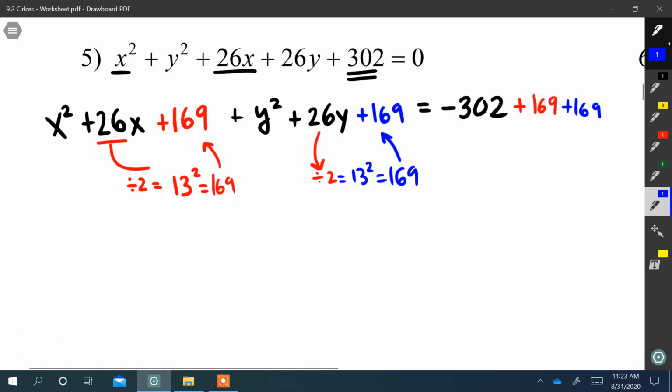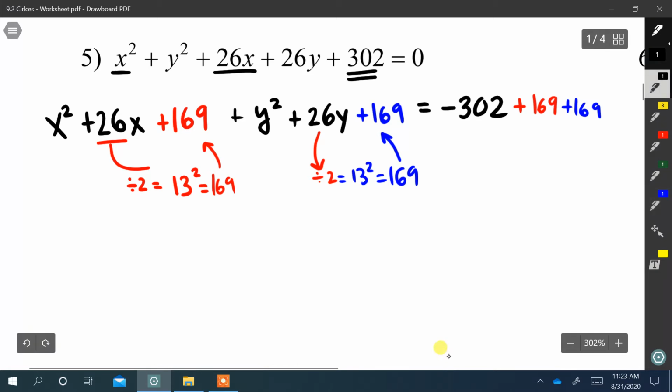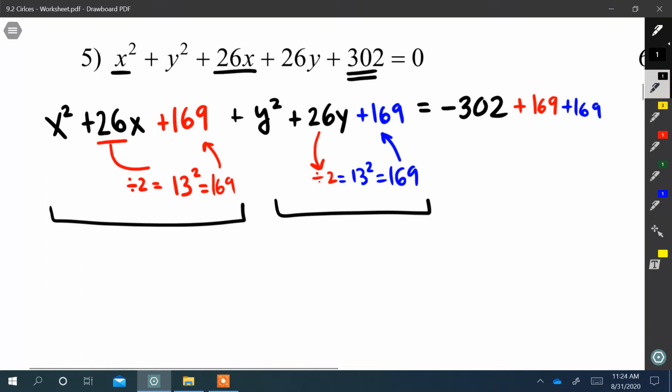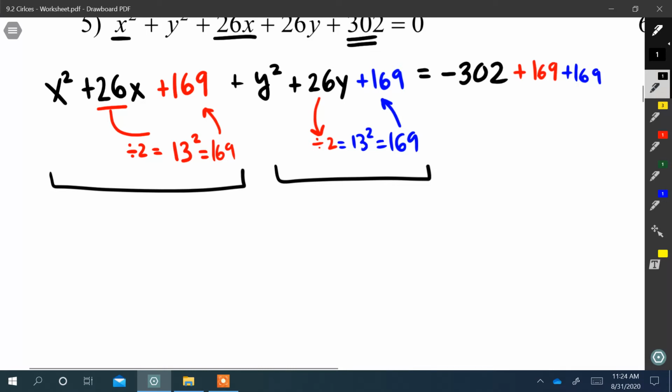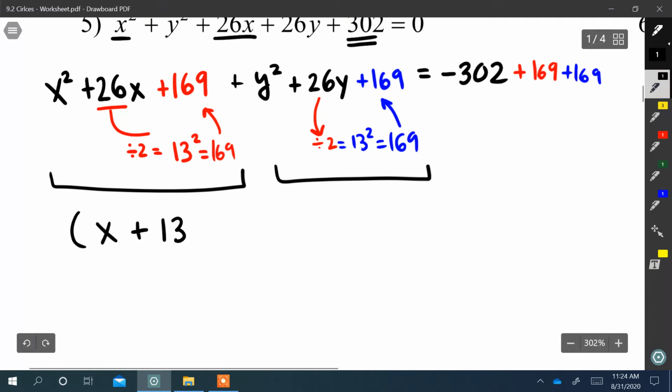All right, so why did I do that? The reason is that now I can factor this into what we call a perfect square. That's why we were completing the square. So let's factor this. It's actually very simple: it would be (x + 13) squared. Where did I get this 13 from?